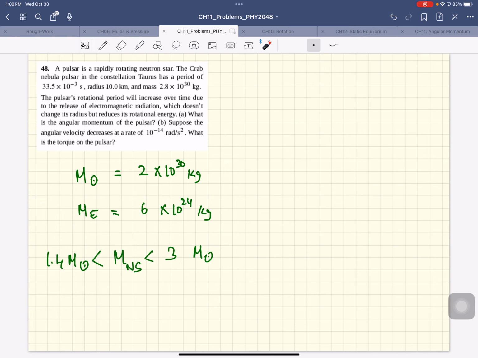So this is just above that limit. Here's a star that's become a neutron star. It's called a pulsar if... so a neutron star is a very dense object.